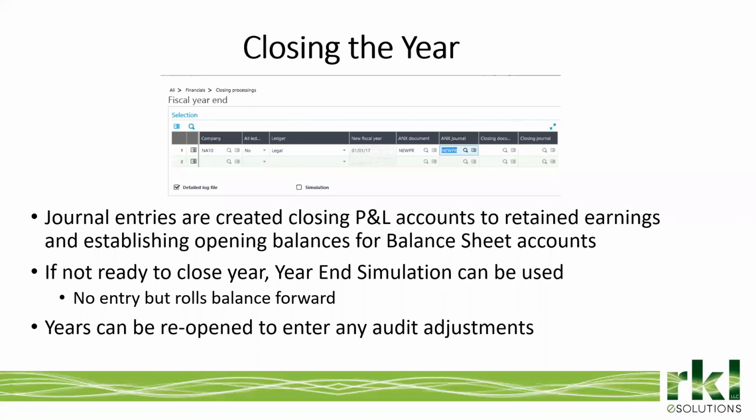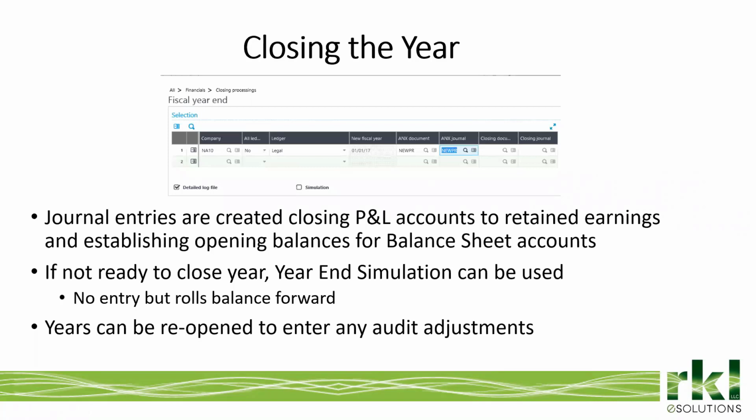Okay, so now we're getting into how we actually execute closing the year and doing the year-end close. You're going to go to Financial, Closing Process, Fiscal Year Close. From there, you're going to get this pop-up screen that you can see on the slide here. Make sure that you have the correct company selected.